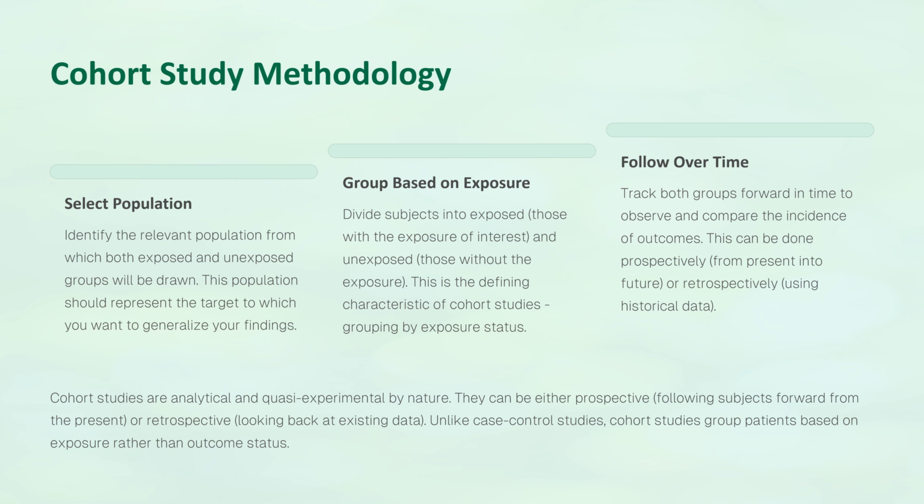Okay, that's the defining characteristic of cohort studies, and you follow them forward over time until you get the outcome, and then you compare the incidence of the outcome between the groups. So they're prospective, right? Analytical and quasi-experimental in nature. Sometimes they can be retrospective, looking back at existing data. Generally, you see prospective here, but I will make that caveat. Sometimes you can have a cohort study that goes back in time as well.